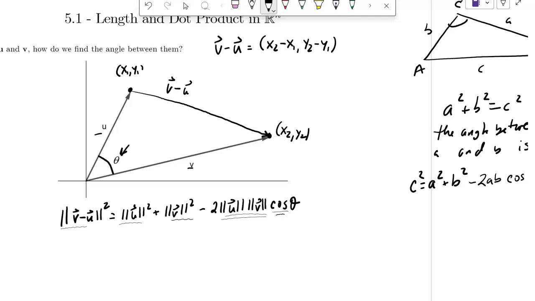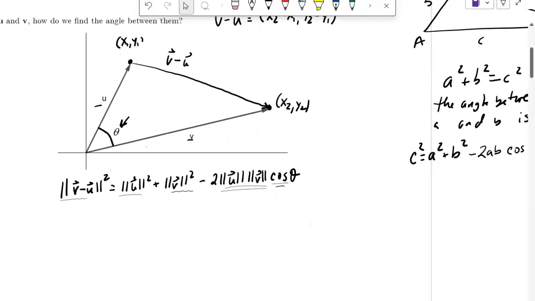Well, we can do length just by Pythagorean theorem, right? If I think about where this point is, you go right x1 and up y1. So the length of the hypotenuse will be x1 squared plus y1 squared. And do the same thing for the other vectors. Okay?